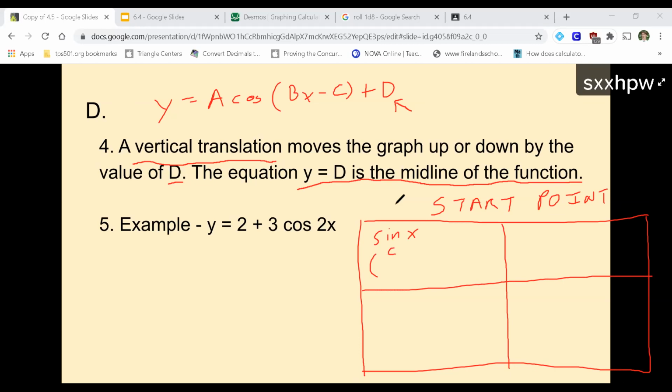So we just wrote earlier that we start at c over b for our x, and our y value is now d. So we start at the intercept, but now that that's being translated up or down, we will start at that new midline. And then from that point, you should go up.